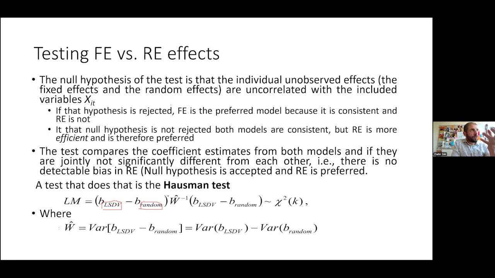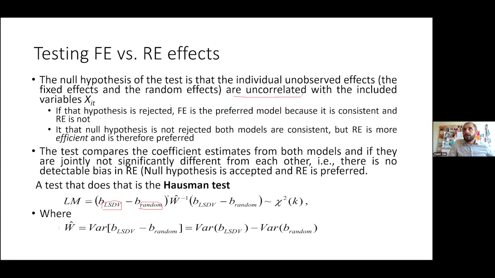Here, the null hypothesis of the test is that the individual unobservables are not correlated with the covariates that I have. So if I do not reject my null hypothesis, this means that they are uncorrelated, and in this case I will use the random effect. However, if I reject this null hypothesis, this means that they are correlated.